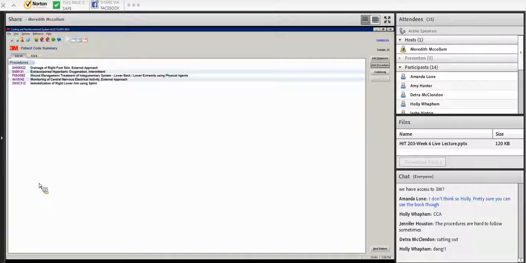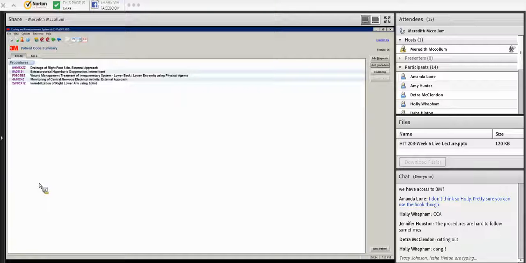On the RHIT, they'll give you the codes and then give you a scenario, and then A, B, C, D, you choose which codes are correct. I'm not sure how they do the CCS anymore. It may be all multiple choice now, but I may be completely wrong.